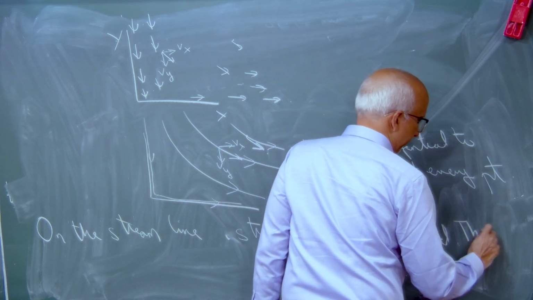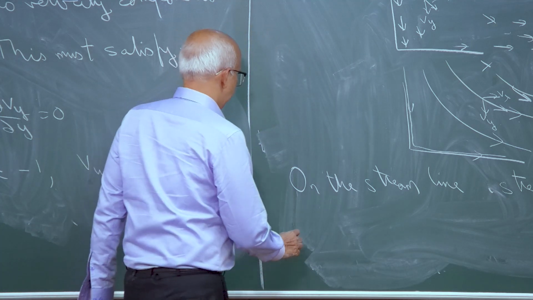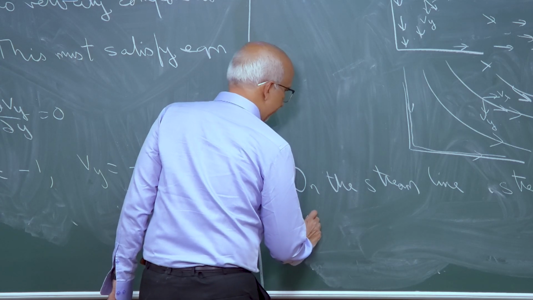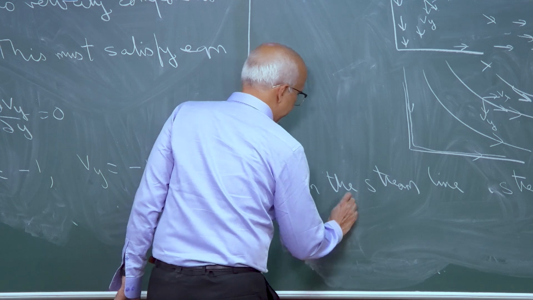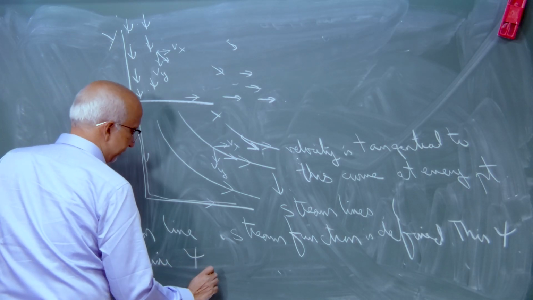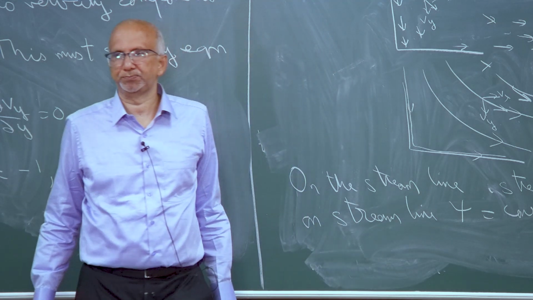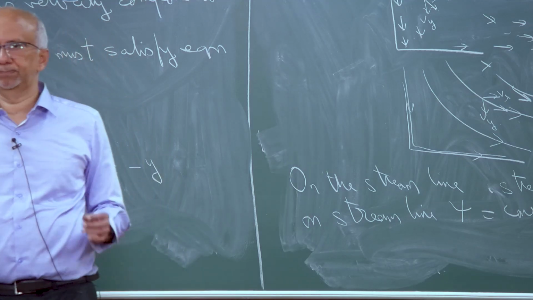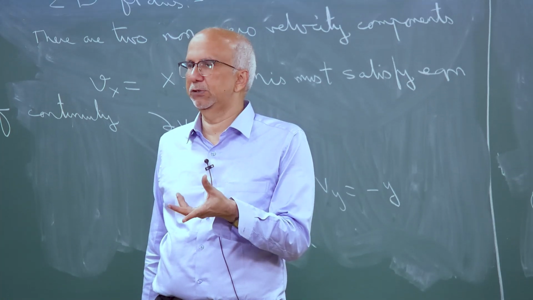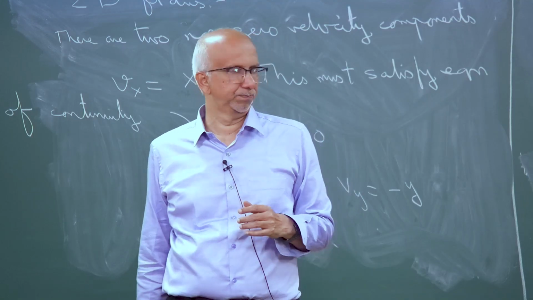This is denoted by this Greek letter psi. This is psi, and this is the stream function, and on the streamline psi is equal to constant. You can think of these streamlines as the magnetic lines of force or electric lines of force which you had when you were doing a physics course.